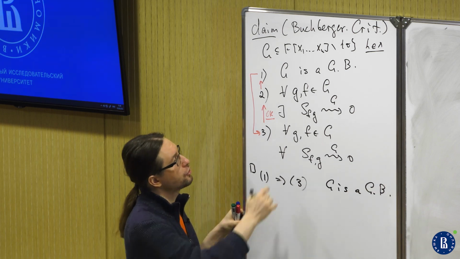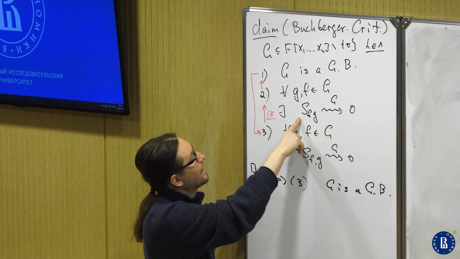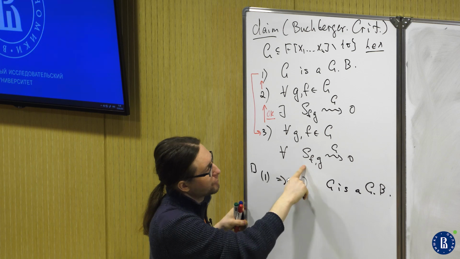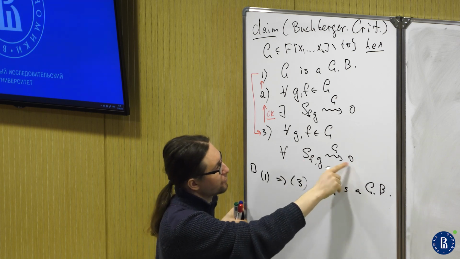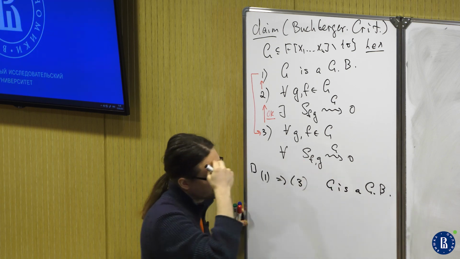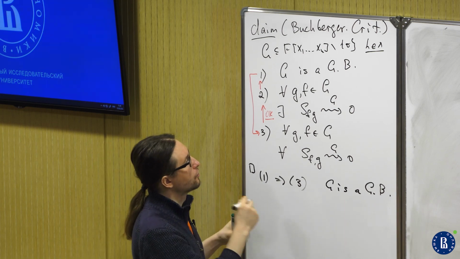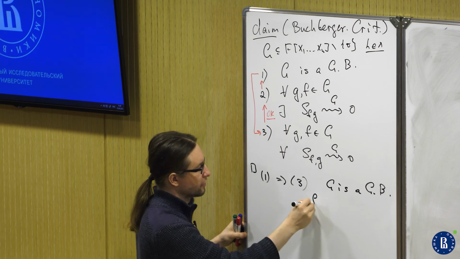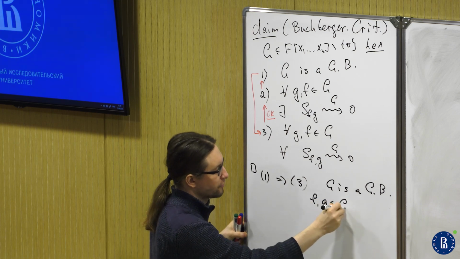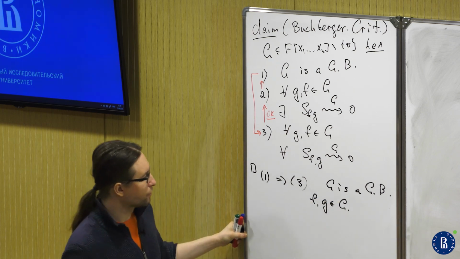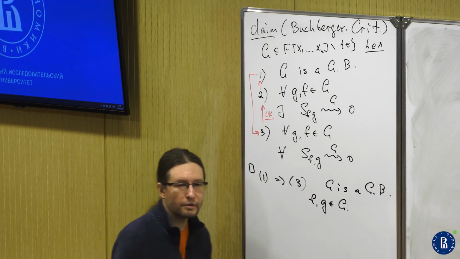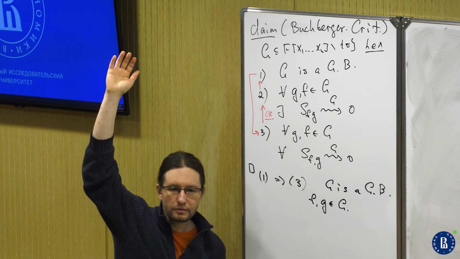And now we want to show that for the S polynomial, every way to reduce the S polynomial to a remainder leads to 0. OK. So let's take two polynomials, f and g, from G. Now, what is an S polynomial? By the way, who remembers the definition of the S polynomial?